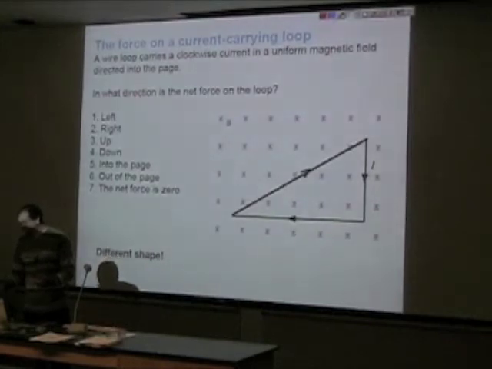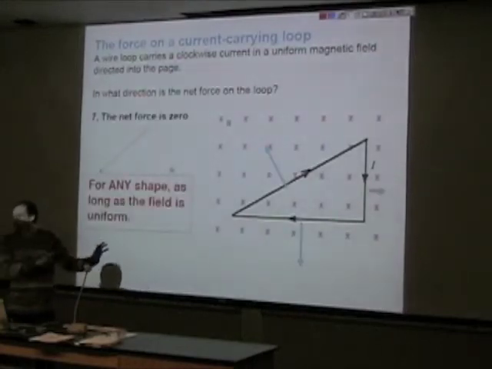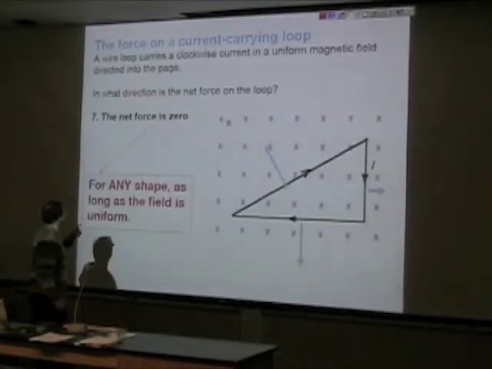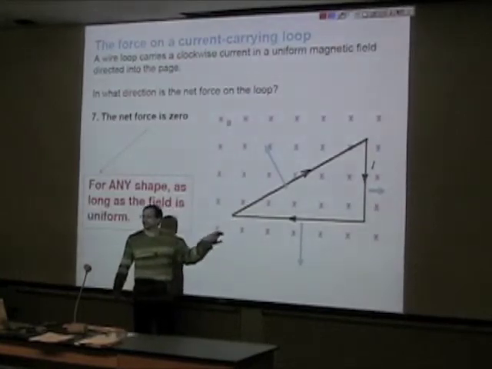And what is important is that all questions about wire and loop and force have been related to a uniform magnetic field. That's important. You see, magnetic field lines spread evenly everywhere.